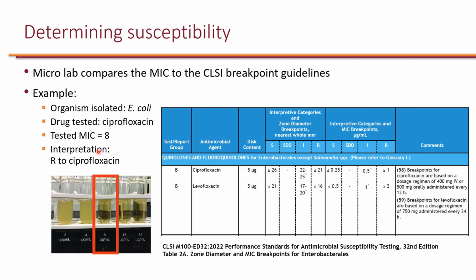In this case it is 8, so it's definitely resistant. So this E. coli in this sample is resistant to ciprofloxacin. Even though, if you give high enough ciprofloxacin, it's going to kill it, right? But it's considered resistant because, given the safe doses of ciprofloxacin, we will not be able to achieve these concentrations in the human body.